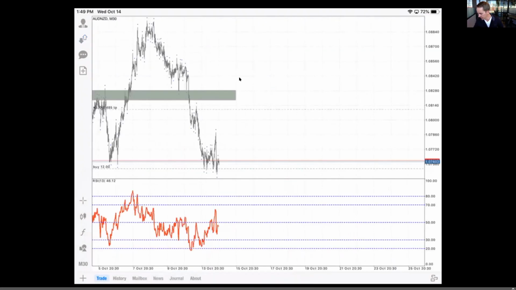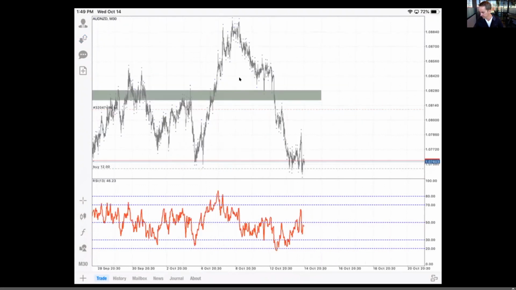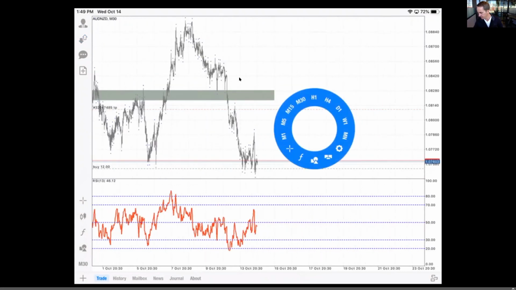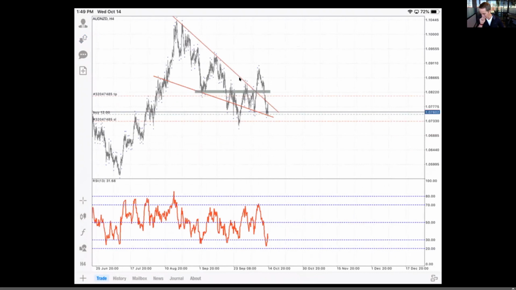Another similar setup here is Aussie New Zealand. We had this very similar structure breakout, which turned out to be a false breakout, and now we're trading back inside this zone.